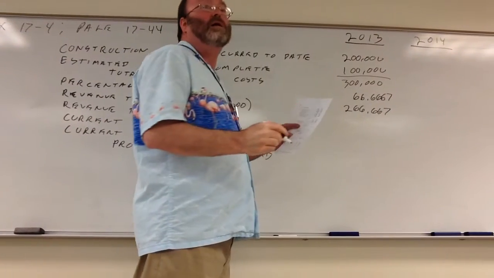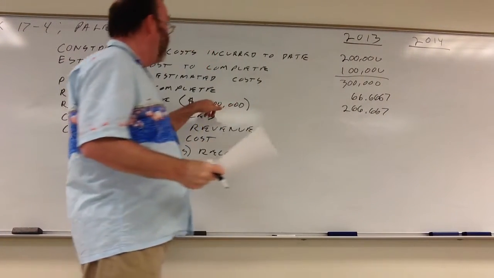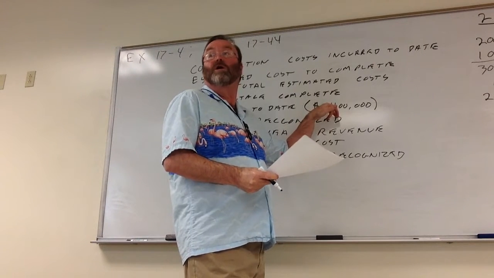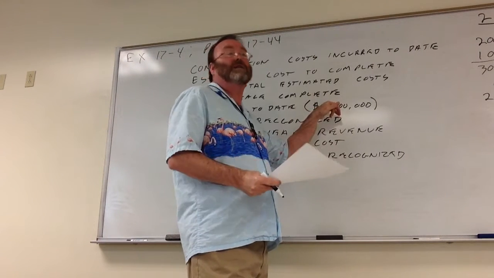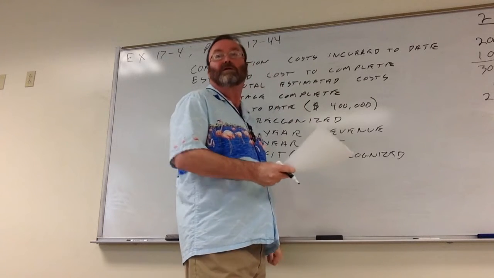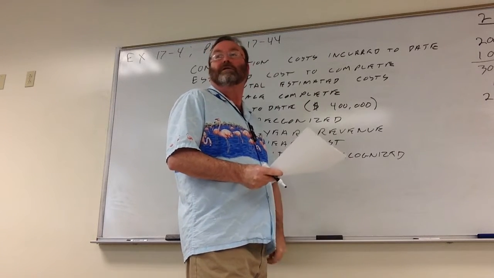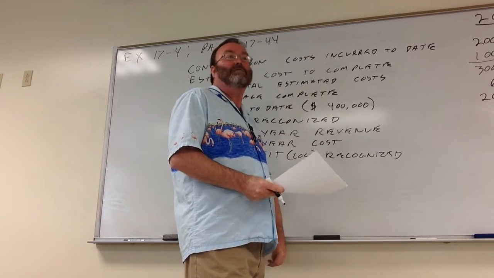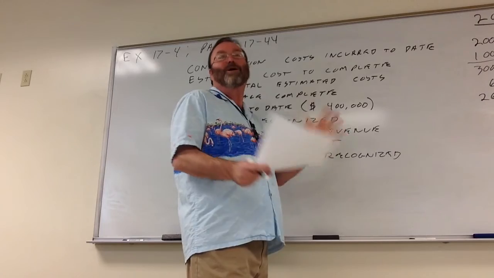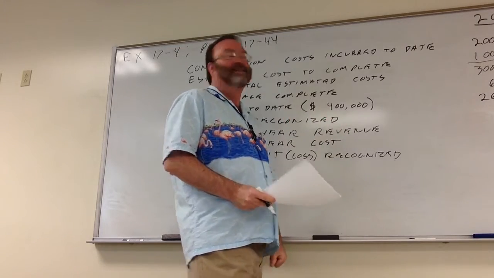How much? By the 400 total. Yeah, the contract price is 400. So 2/3 of $400,000 is $266,667. Or if you want to take it to the pennies, it would be $66.67. However you want to do it. Okay?